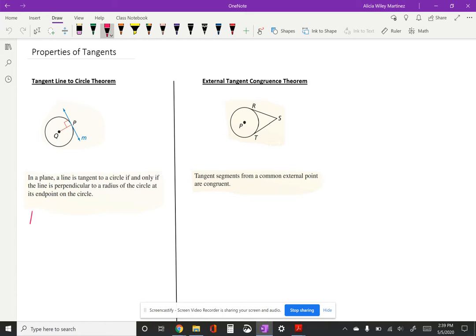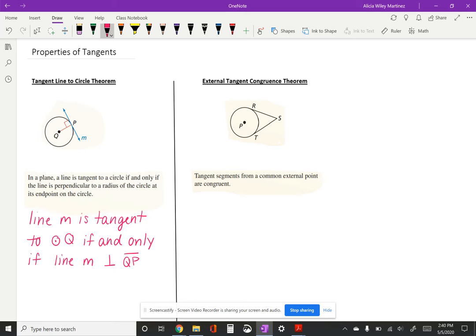So it's saying that line M is tangent to circle Q if and only if line M is perpendicular to our radius QP.